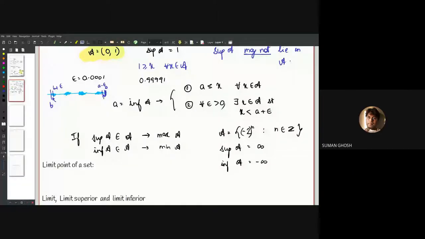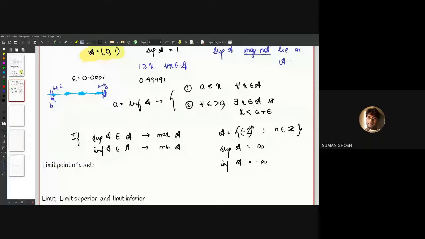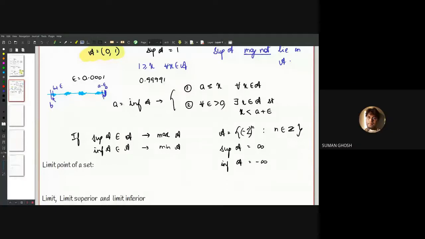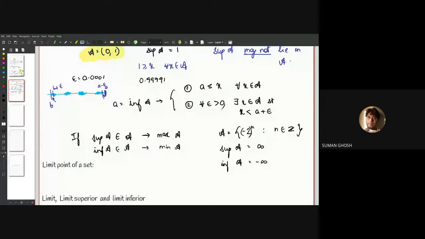We're defining suprema and infima of arbitrary sets. It could be a continuous set, it could be a discrete set. If it's a discrete set, sometimes it's easier. In many cases, we can just look at the set and say what the supremum and infimum are. But in some cases, it may be very difficult.